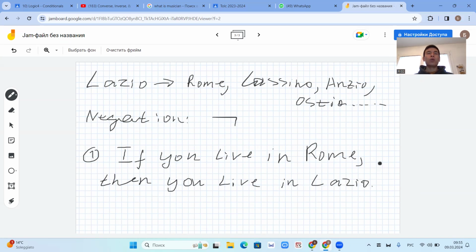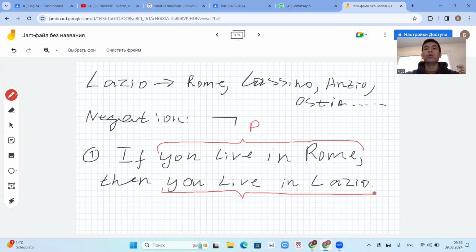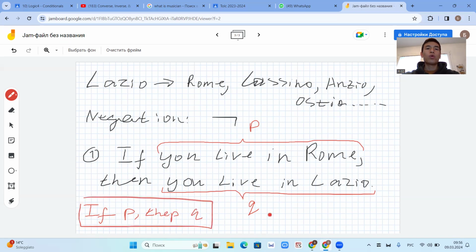In our case, living in Rome is our P, and living in Lazio is our Q. So this is the form if P, then Q. Or we can just represent that P implies Q. They are actually the same.